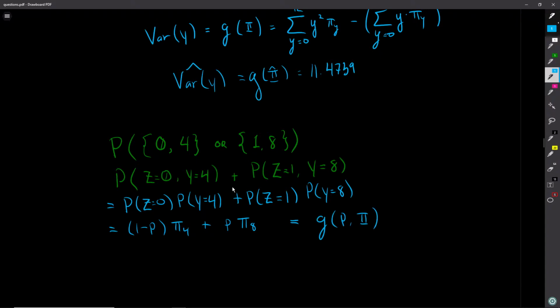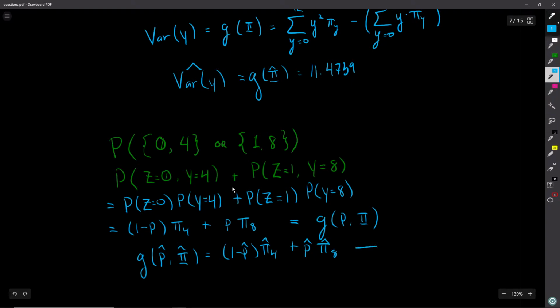Because of that, we can now fill in the MLE as g of p hat and pi hat, which is going to be 1 minus p hat times pi hat 4, plus p hat times pi hat 8. Now I'll let you fill in the actual values here, but I'll just point out one very important thing.